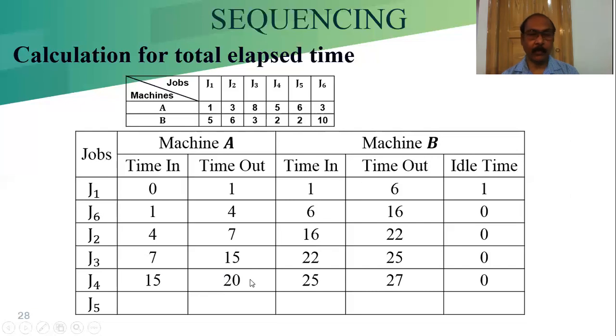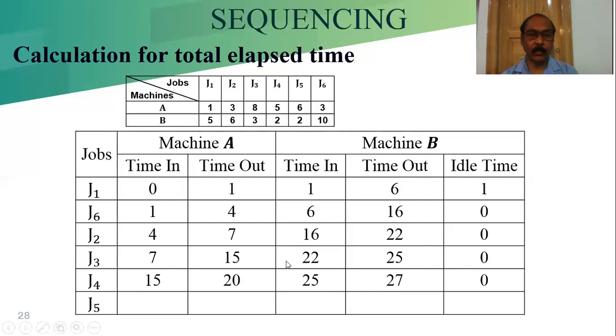And J4 will start in machine B in the 25th hour. 25th is the timeout for job J3, and the start time for job 4 is also the 25th hour, so there is no time gap.